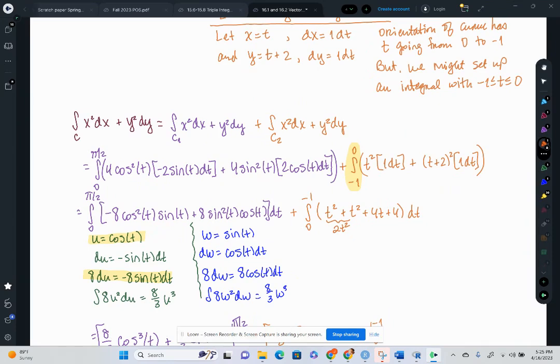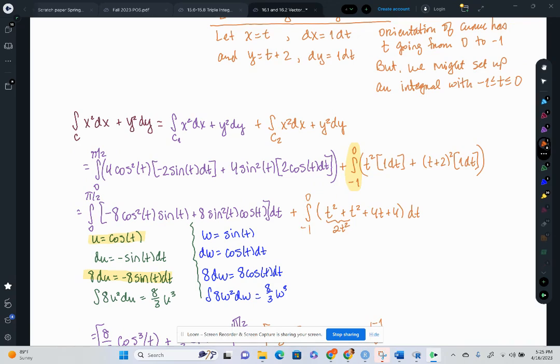And so I was kind of stuck in a Calculus 1 world of, oh, I switched my bounds, I should put a negative out in front. That's actually not the point right here. Maybe it would be even easier if I just don't switch right now. I leave it as -1 to 0, and then we make a comment about it at the end.